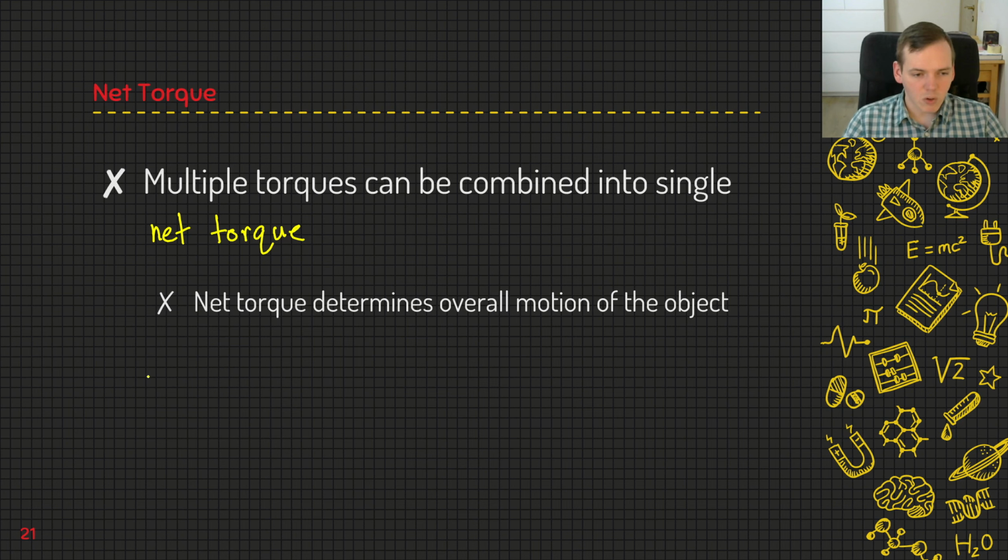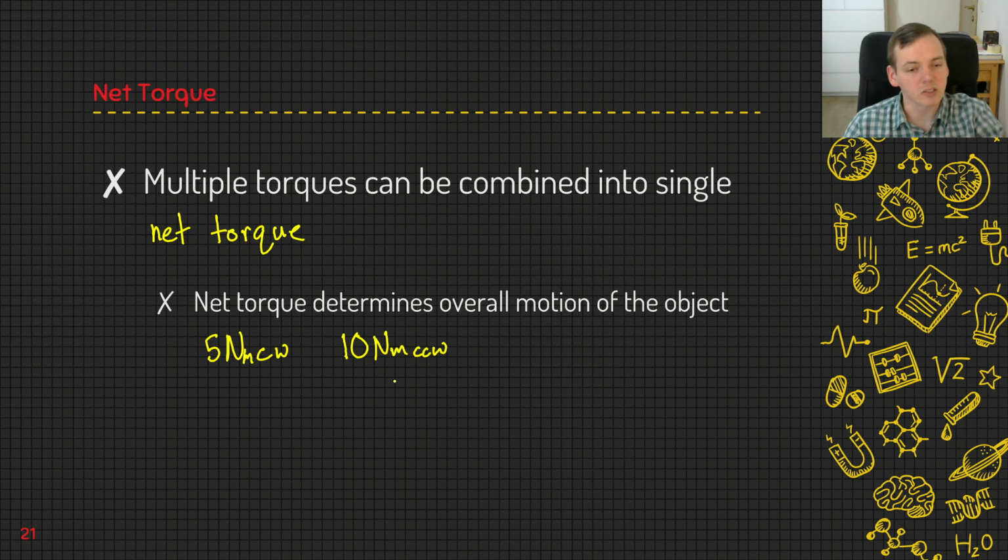So if I have a torque that's 5 newton meters clockwise and 5 newton meters clockwise, and one that's 10 newton meters counterclockwise, or anti-clockwise if you prefer, we have a net torque of 10 newton meters counterclockwise. So overall this object is going to start spinning counterclockwise. And that's what we're really looking at here, figuring out which way it's going to spin and how those combine together.